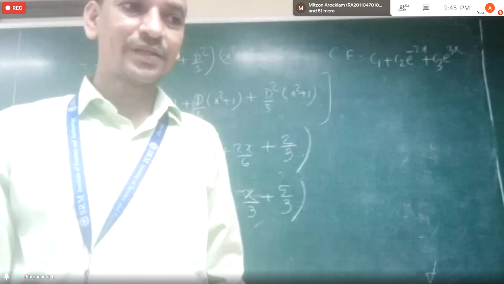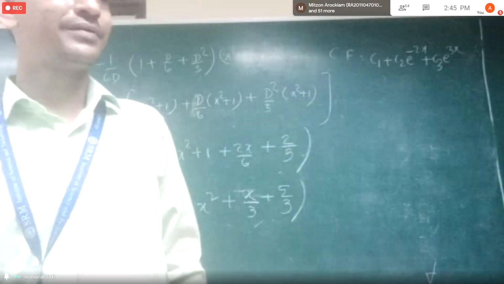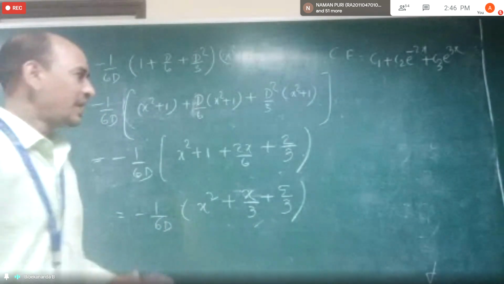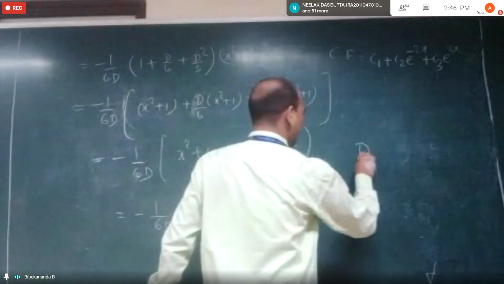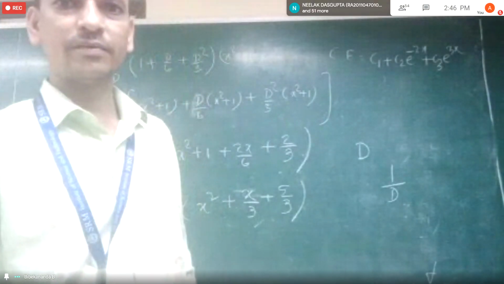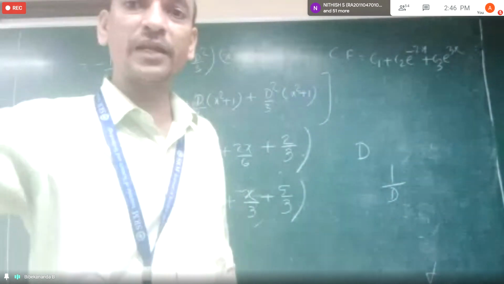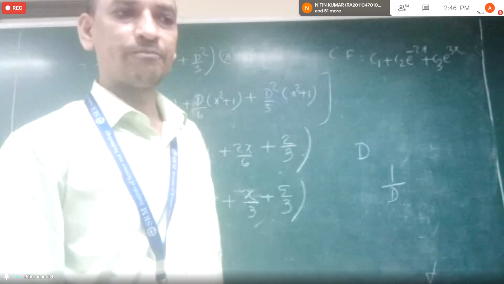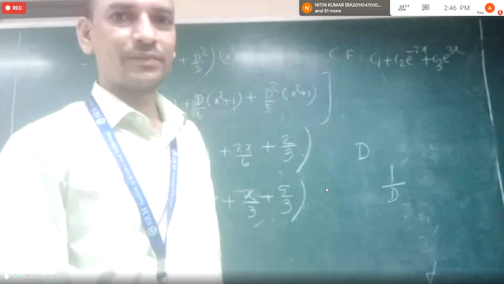No, sir. Why not? Because D is there. One D is there. Now you know if D is the derivative, what will be 1 by D? What is the reciprocal of derivative? Integration.